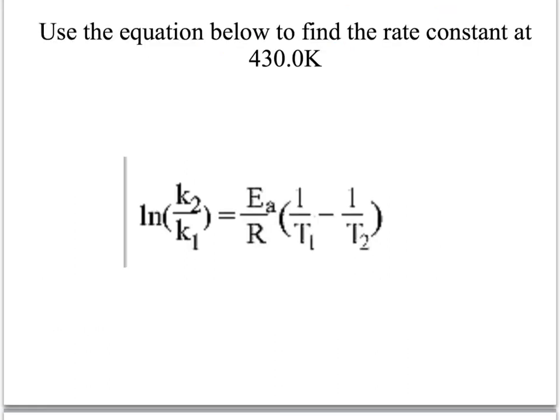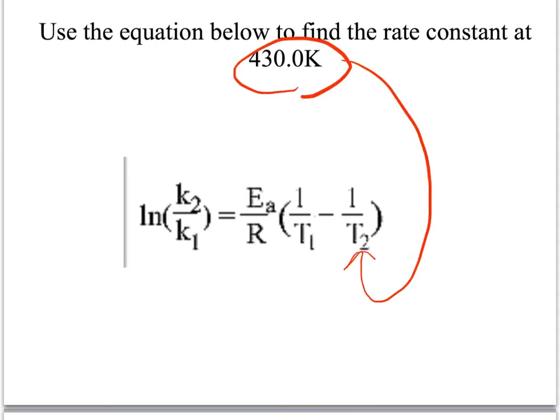Part B of this was to determine the rate constant at a different temperature that was not given in the data set. This temperature was given as 430 K. What you should do is use any point from the data set at a certain temperature and a given K, and then insert 430 for T2, and then you'll be solving for K2.